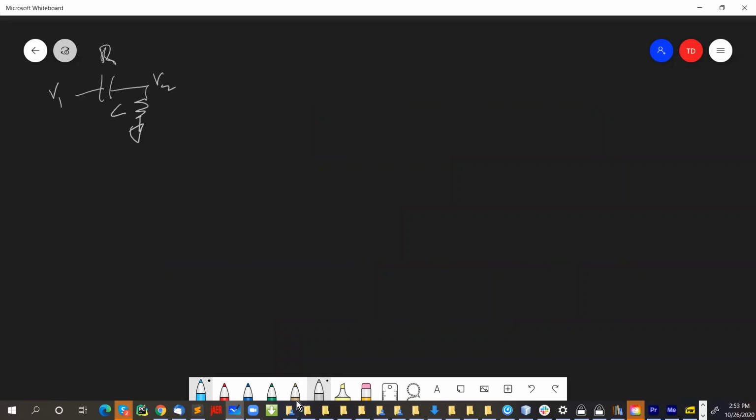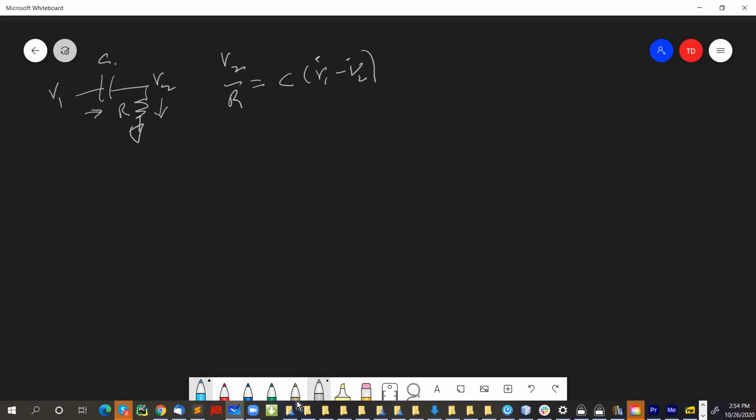So how can we work out the differential equations of this? So we know that the current flowing through here is equal to the current flowing in there. So we know that C, let's see, this is the R here. Sorry, I did this the wrong way around. C, and that's R. Okay, so C, V2, so we know that V2 over R, that's the current flowing through the resistor, that's equal to the capacitance times V1 dot minus V2 dot.